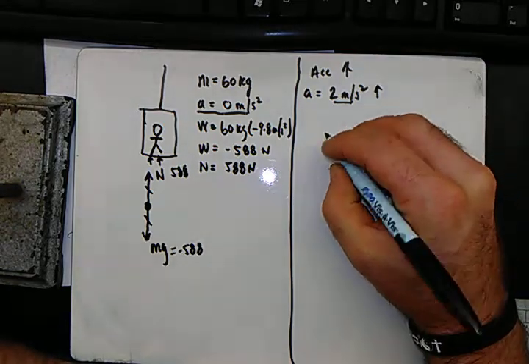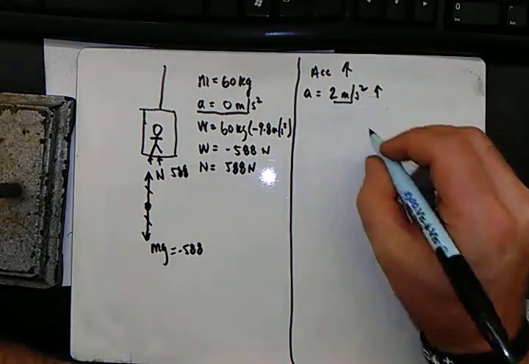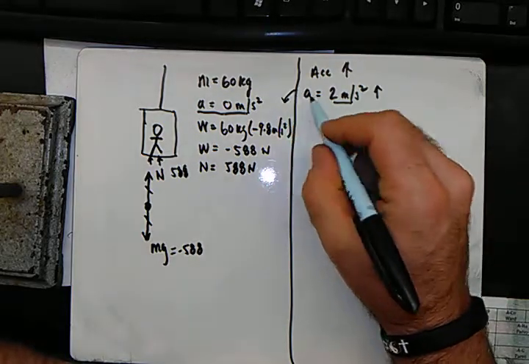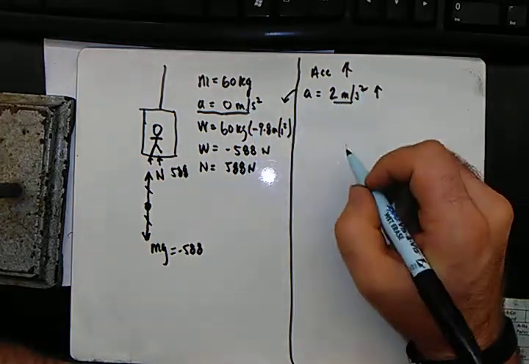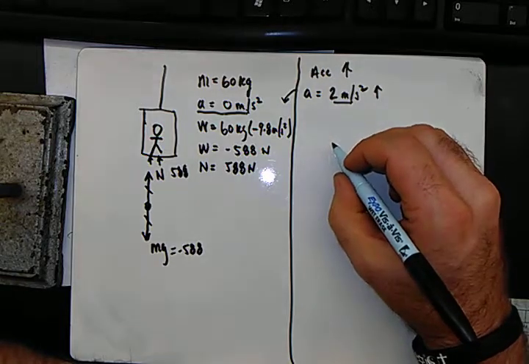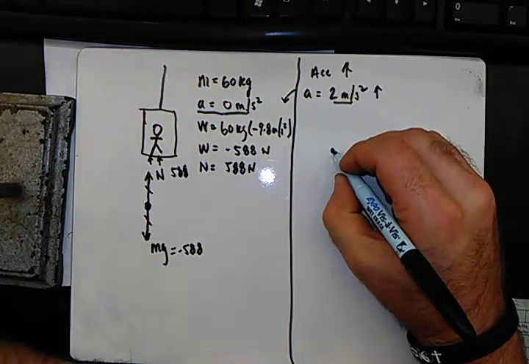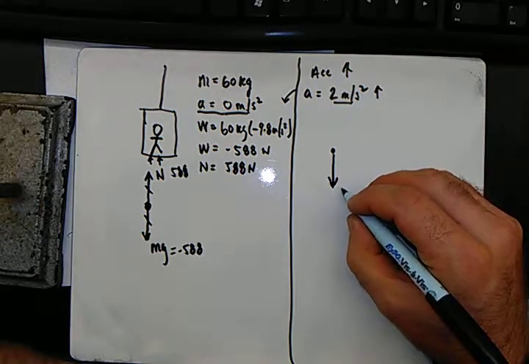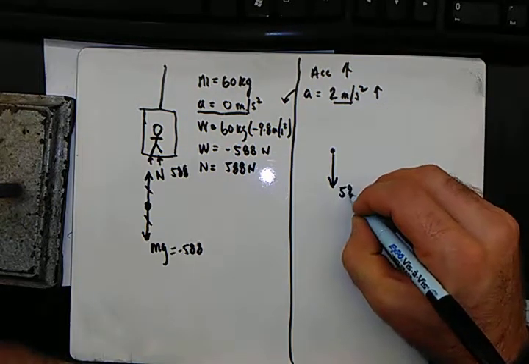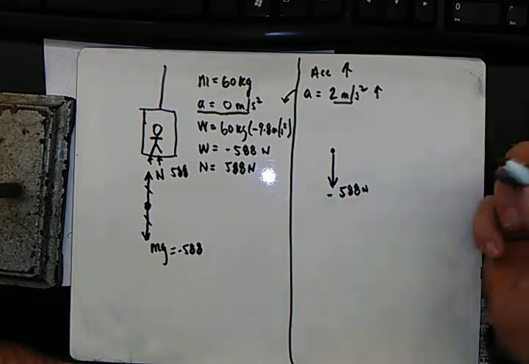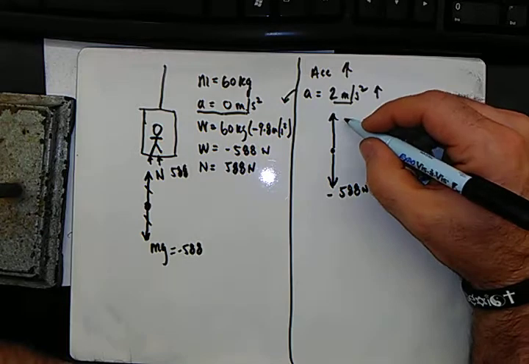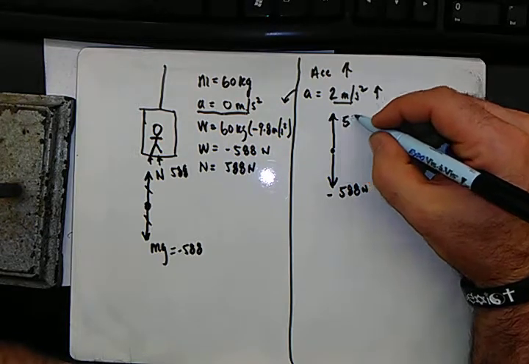So let's draw a free body diagram to show what that might look like. We've got everything else we need here, except a is now 2 meters per second squared up. We still have mg, which is 588. We still have the normal force, which is 588.